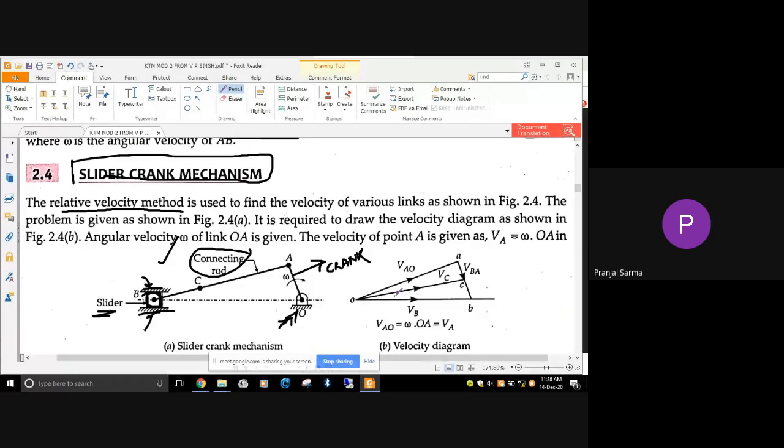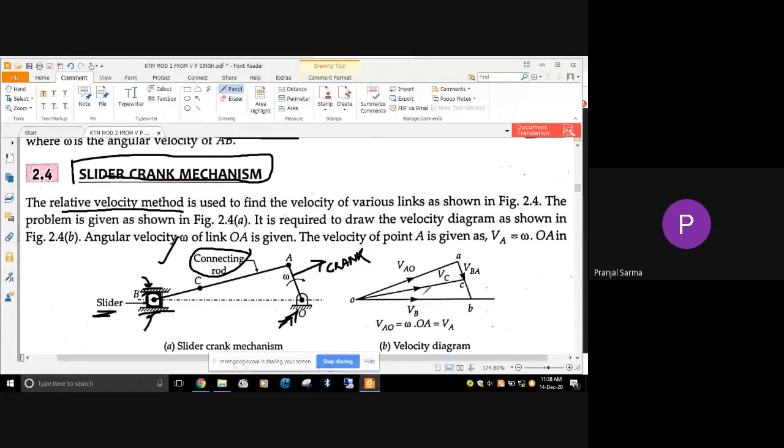Those who said there are two links, tell me some application of this slider crank mechanism. Those who said four links, no problem. Practical application. Quick return mechanism.